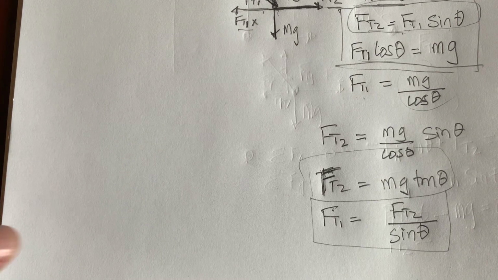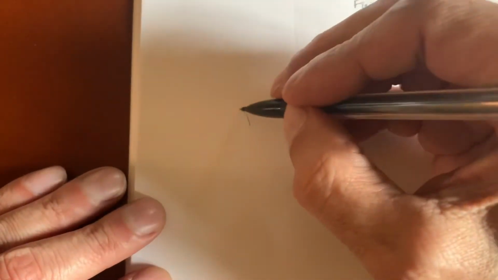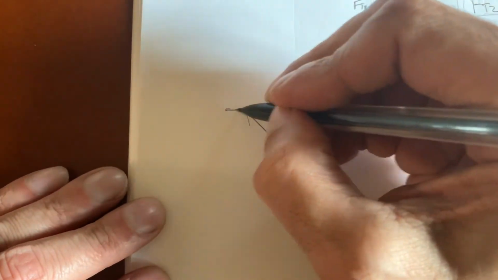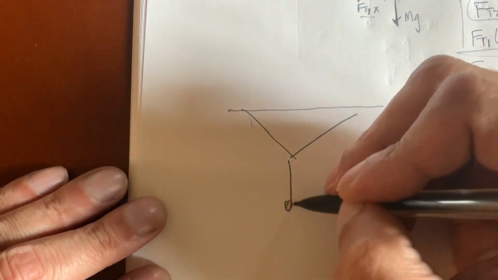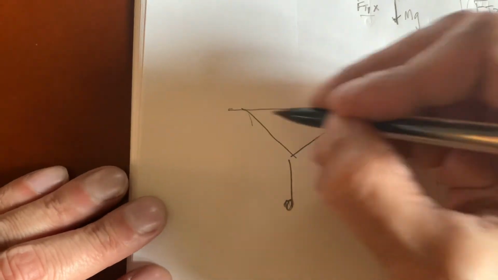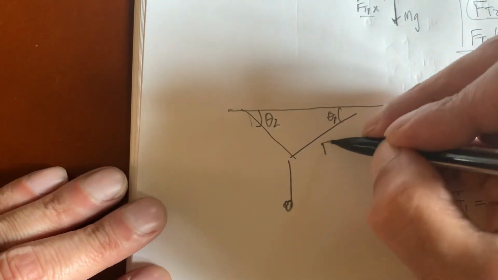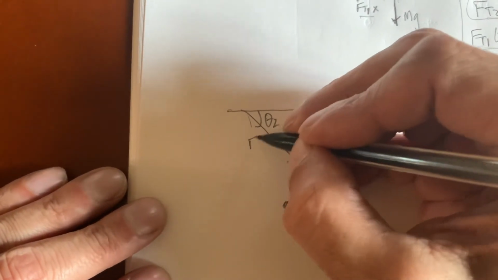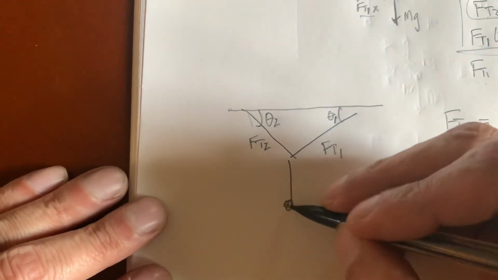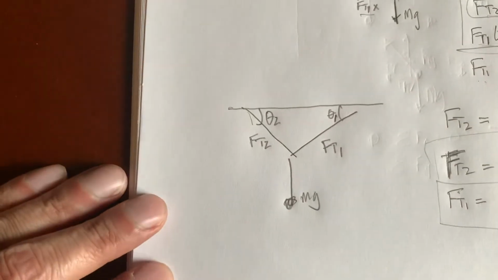They can get more complicated. You might have something that looks like this, for example. And so that's theta 1 and theta 2 and FT1 and FT2 and then mg acting downwards.